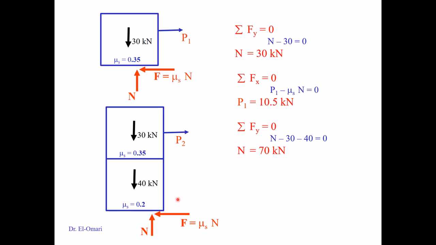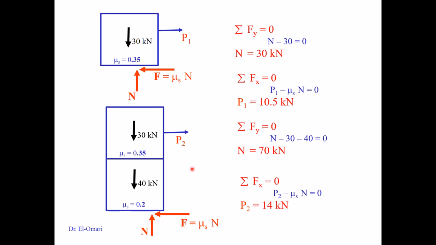And again, we already said that the friction force is at the maximum, because we need to find that P that will put this in motion, or what is P that will make this friction reach its maximum. So applying the horizontal forces equation, you can find the P2.